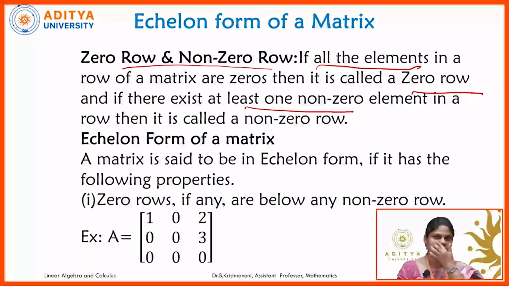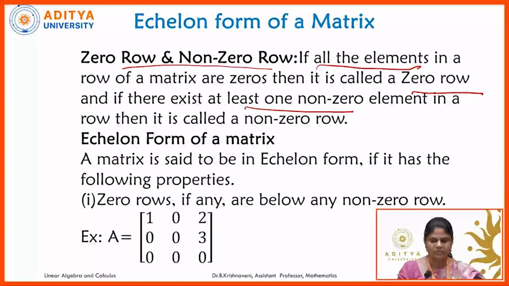Taking this into consideration, now let us define what is meant by the echelon form of a matrix. We say that a matrix is in echelon form if it satisfies the following properties. The first property: zero rows, if any, are below any non-zero row.